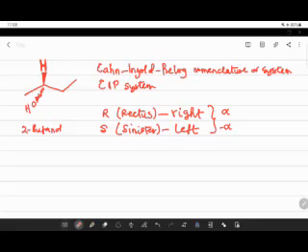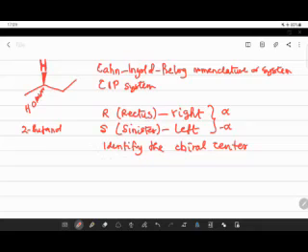So how do we implement this system? This system says, one, identify the chiral center. Now that is easy. That's not the crux of the issue.